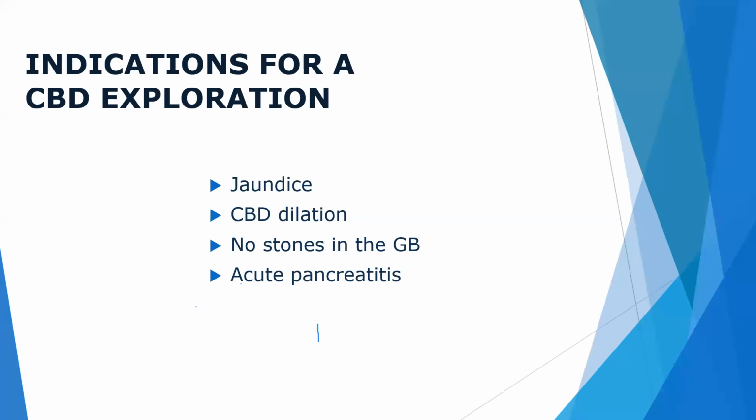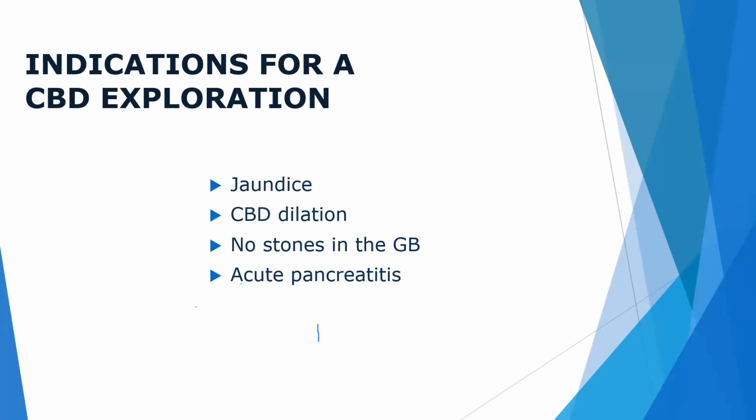Nowadays laparoscopic is preferred, and we will touch upon it in the coming slide. In the era of preference for non-invasive treatment modalities, ERCP with sphincterotomy is also an option available to extract the stone if it is in the CBD.